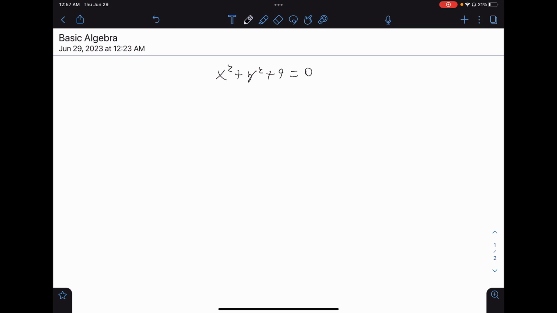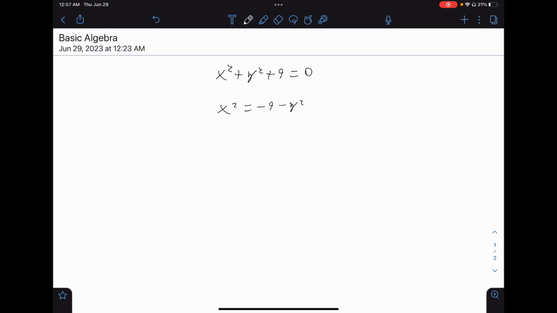So let's solve for x squared. So x squared is equal to negative 9 minus y squared. Now, how do we make this just x? We square root both sides. What you do to the left side, you must do to the right side.